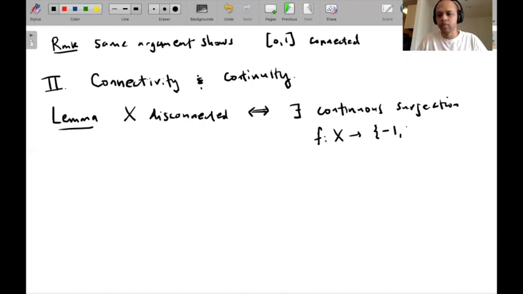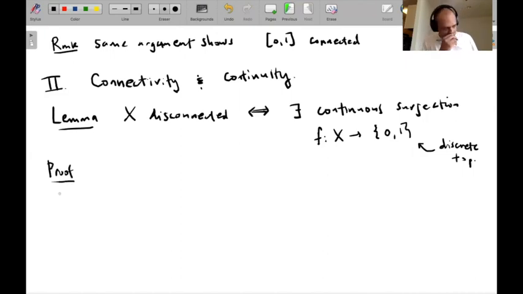Let's say 0 and 1. So here I'm viewing this with the discrete topology. So continuous with respect to the discrete topology here. So let's prove this.